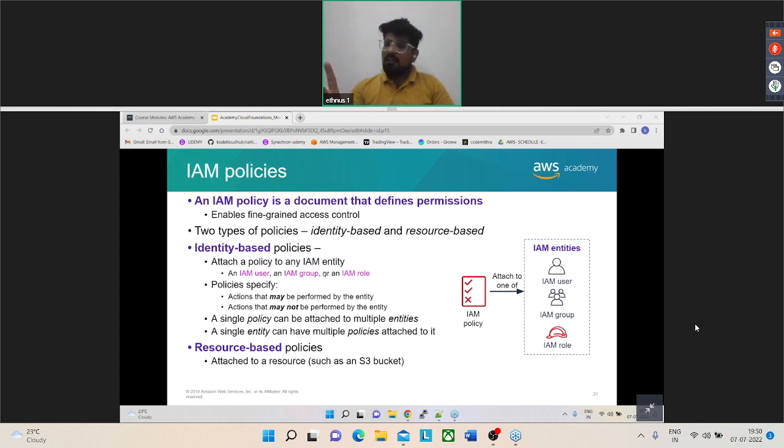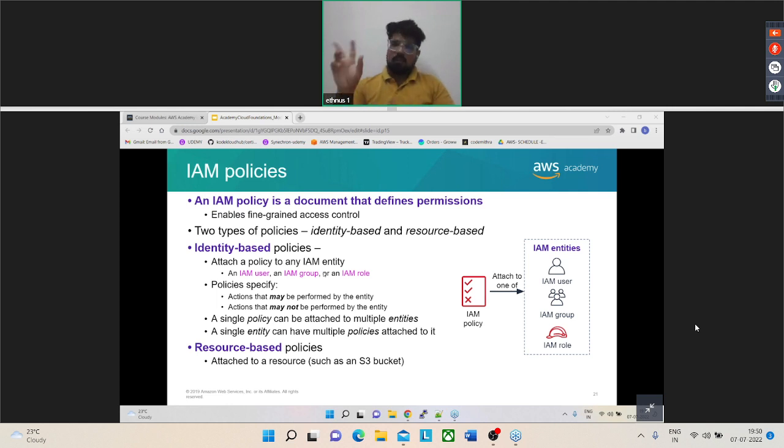A single entity can also have multiple policies. Both are different statements. A single entity, like Ashwini. On Ashwini's IAM user, I can attach multiple policies also. I can attach one policy for EC2 access, and I can also attach another policy for developer tools access.